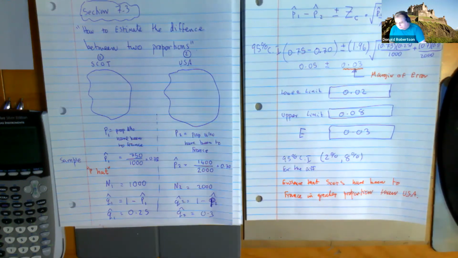And I have to use the word proportion. I can't say numbers because Scotland's only got 5 million people, right? So there's probably been more Americans been to France, but a smaller percentage of Americans. Does that make sense? 300 million people. If only 1% of you went, that would be 2/3 of Scotland, right? That's how big you are compared to Scotland.